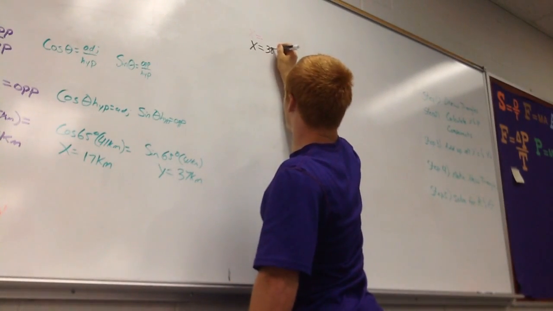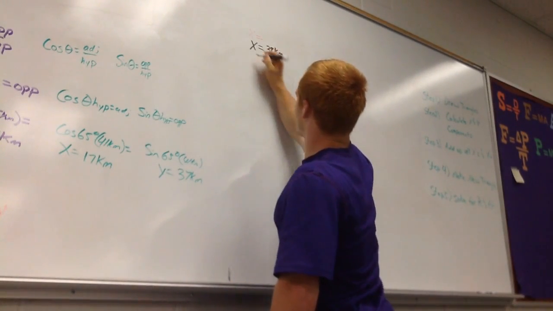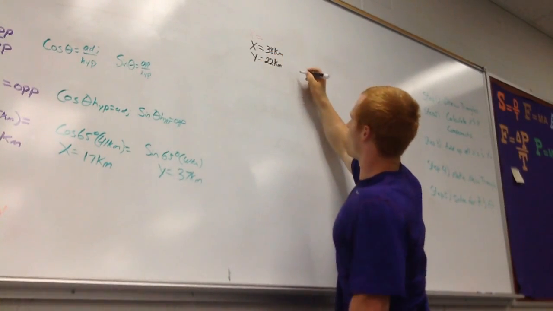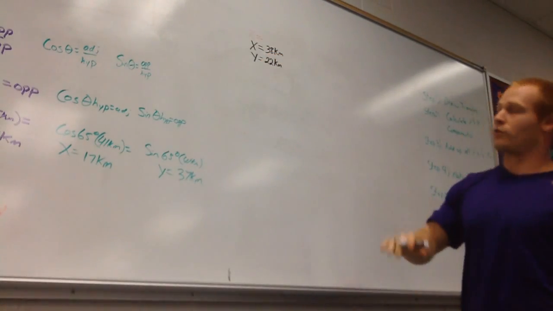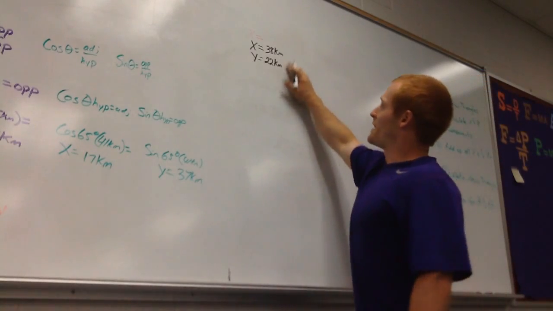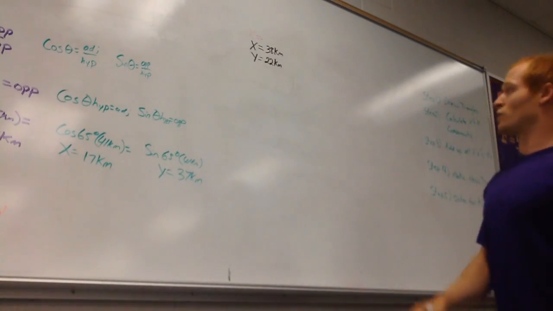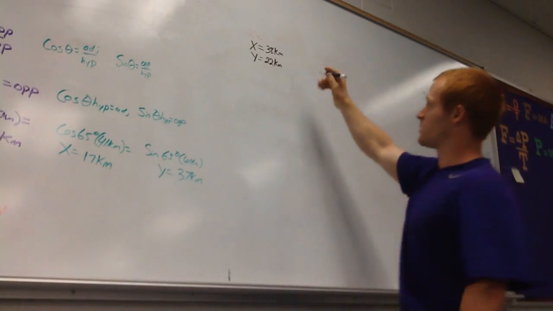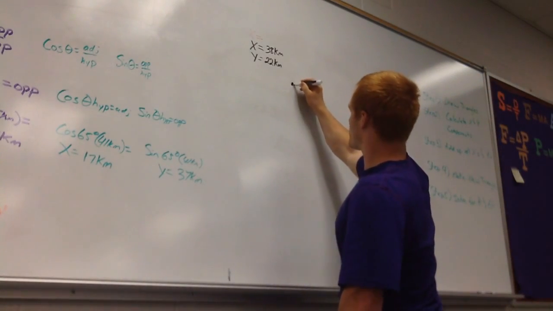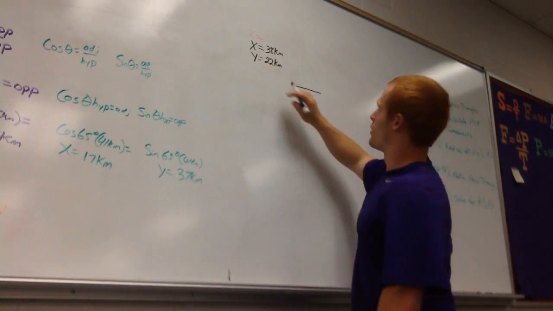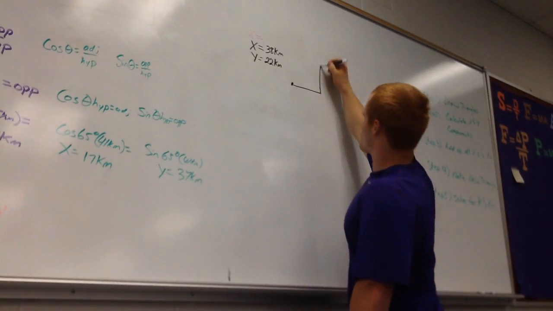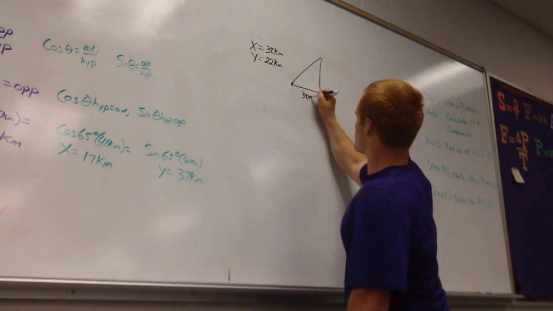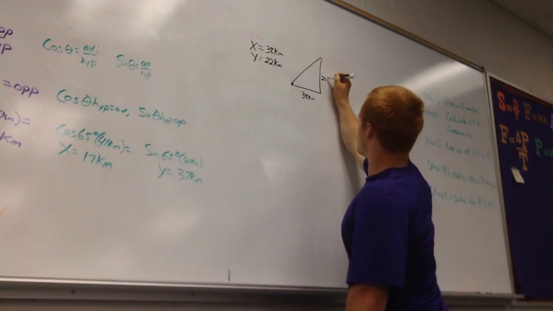Black is 38 kilometers for x, our y is 22 kilometers. In order to make the triangle, the one that is biggest is the one we go first. So we're going to go in the x direction before we go in the y because the x is bigger. Notice it's positive, so we are going to go east. Then we go to the y value. It is positive, so we'll go north. This is our triangle. We have 38 kilometers here, 22 kilometers here.